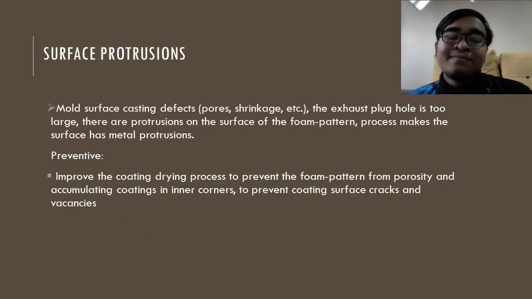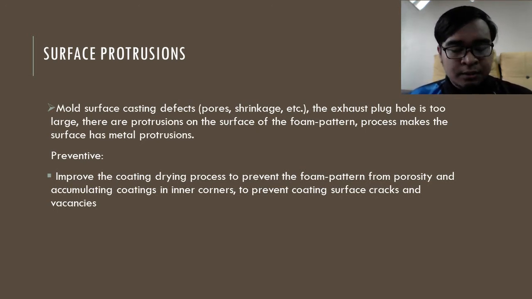Now we go to surface protrusions. Surface protrusion is a mild surface casting defect. The access plug hole is too large, and there are protrusions on the surface of the foam pattern. The process makes the surface have metal protrusions.